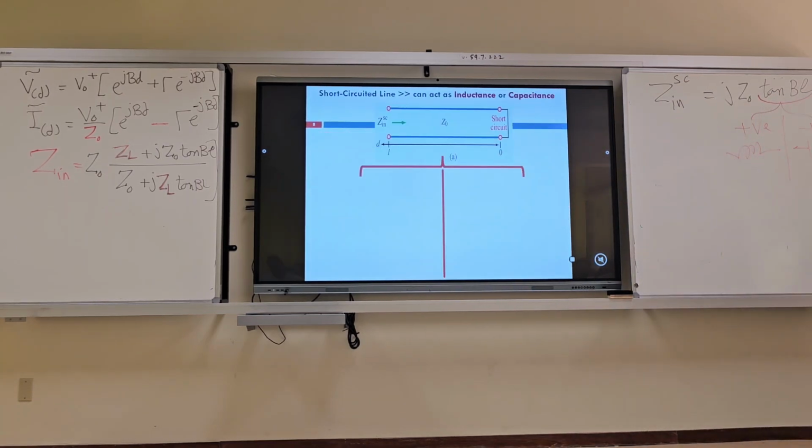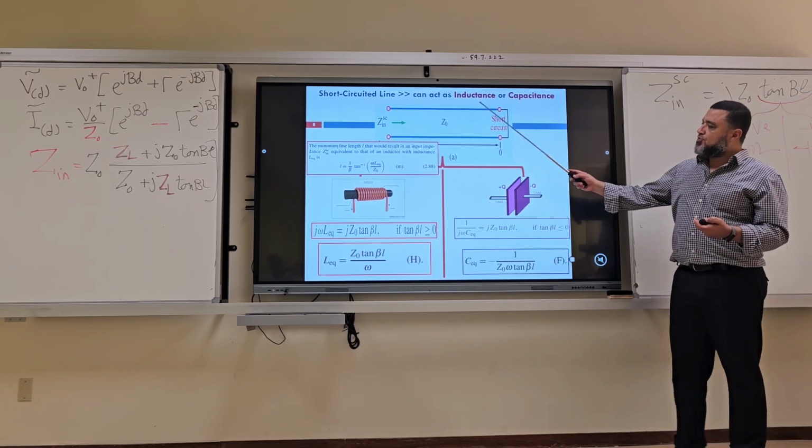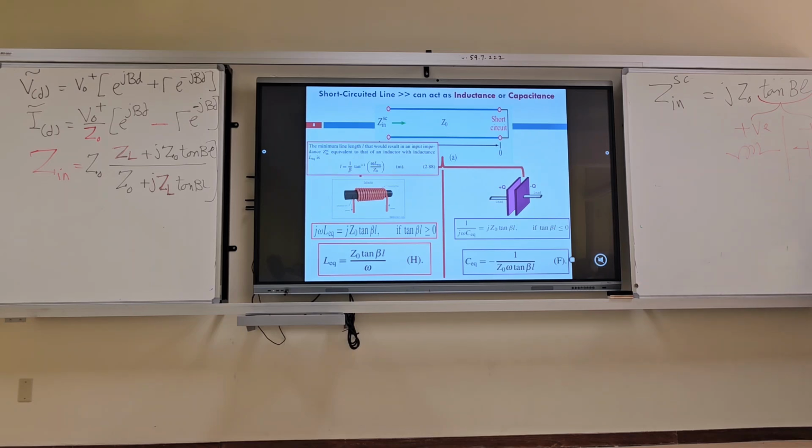This is what we mean. Why is this important to us? Why is it important to replace the transmission line with inductance or capacitance? How is this interesting? We can use it for different applications. Like what?